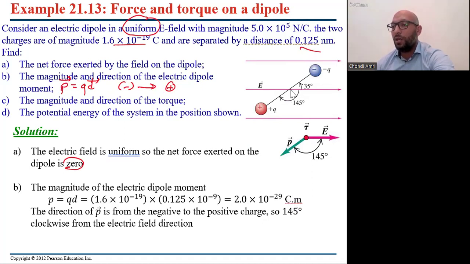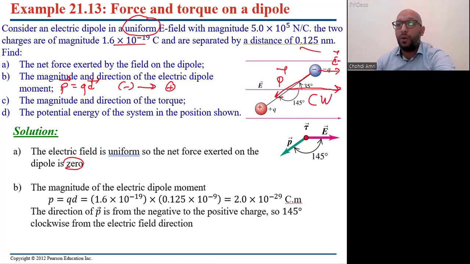What about the direction? This is our P, and with the x-axis, or with the electric field, it makes an angle 145. This vector makes an angle 145, and it's clockwise. So it's 145 clockwise.